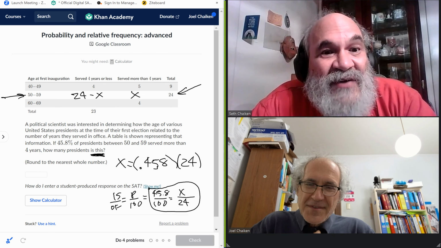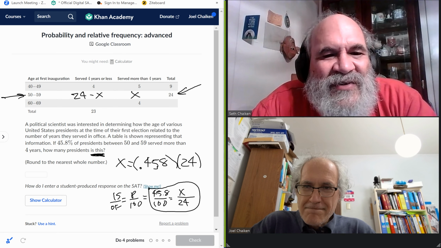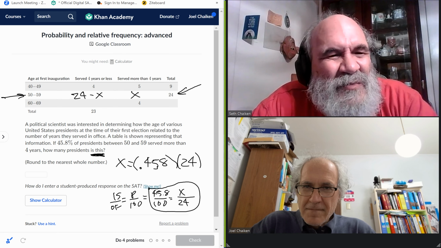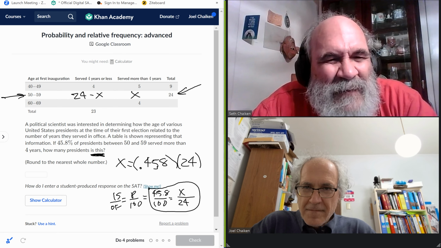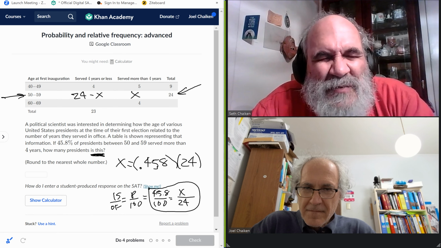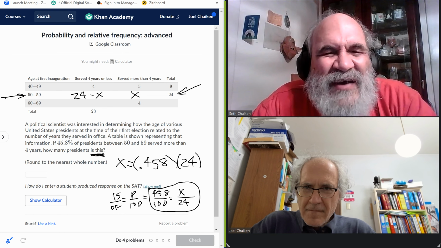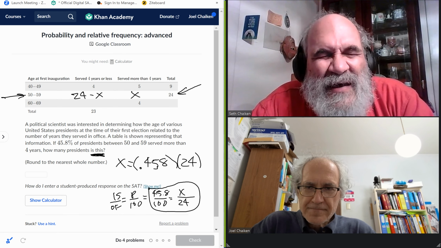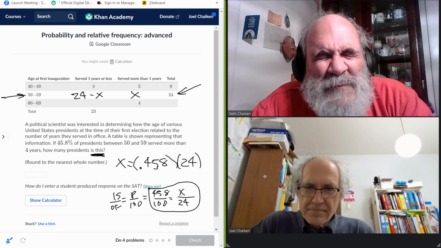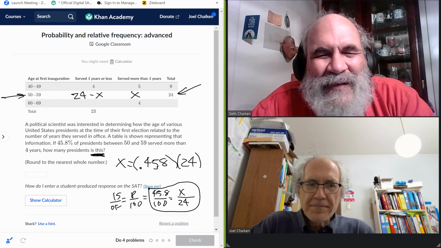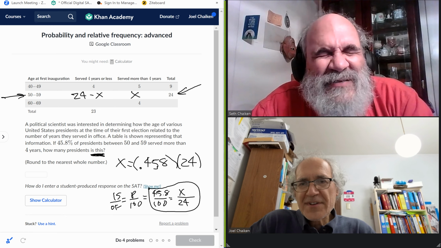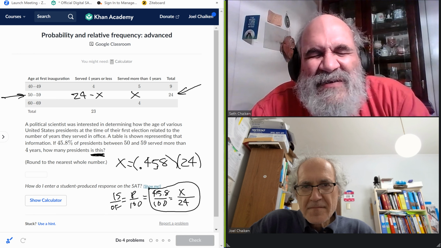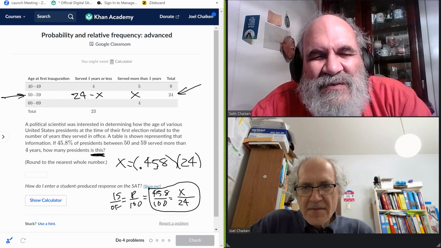If the political scientist is interested in determining how the ages are related to the number of years served in office, what the political scientist should do is form a table of all the data, and then do some statistics on it. Well, it's not a problem where he gathered the data differently.